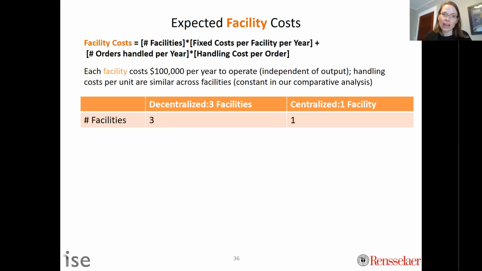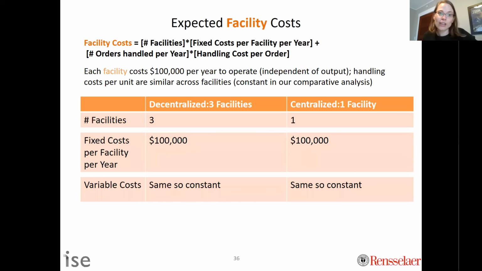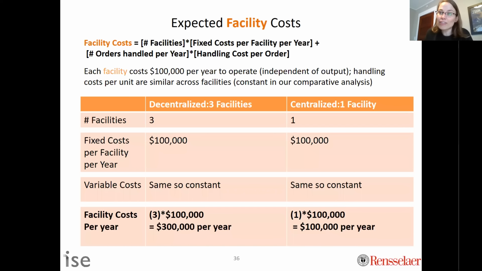And so again, we have 3 facilities versus 1 facility. They cost $100,000 per facility. The variable costs are constant. And so the relevant facility costs are higher in a decentralized system than in the centralized system, which is, again, common. So you have to pay more facility costs in decentralized versus centralized.